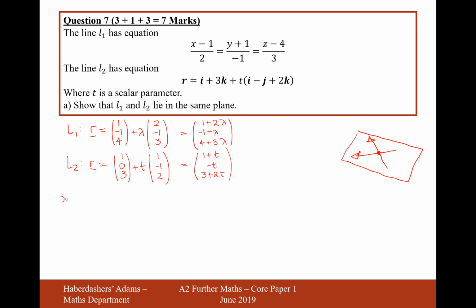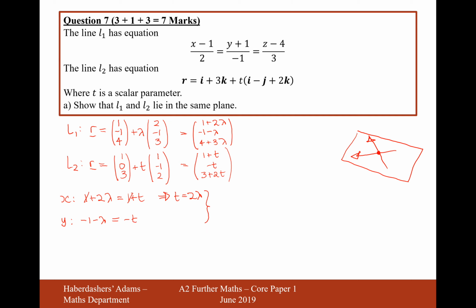So for the x parts of these vectors, I'm going to set them equal to each other: 1 plus 2 lambda equals 1 plus t. Cancel out the 1's on both sides and you'll get t equals 2 lambda, that's quite helpful. And on the y equation I'm going to get minus 1 minus lambda equals minus t.